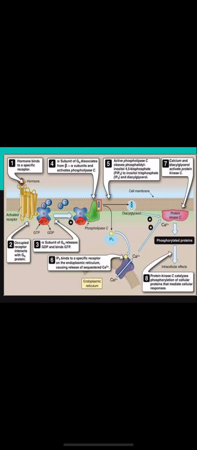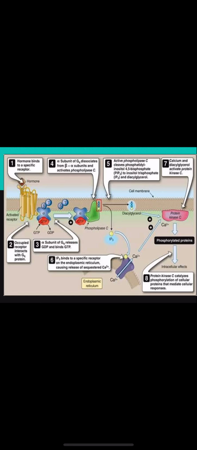Then there are some enzymes that are going to use the PIP2 mechanism. Okay, here also what happens is this G protein hormone binds to a receptor. There is this alpha beta gamma complex.